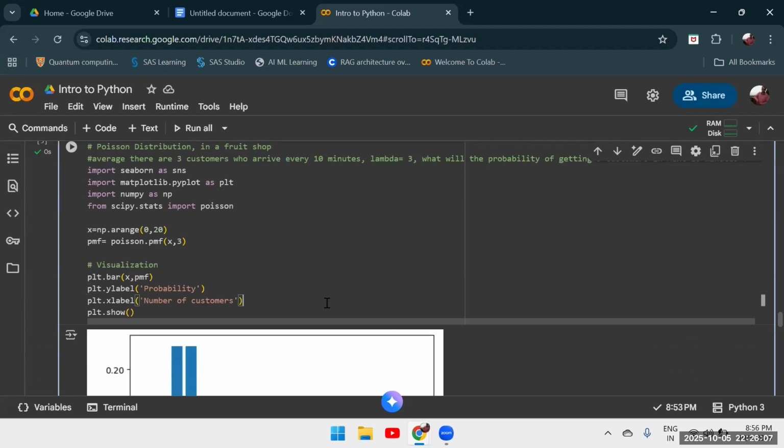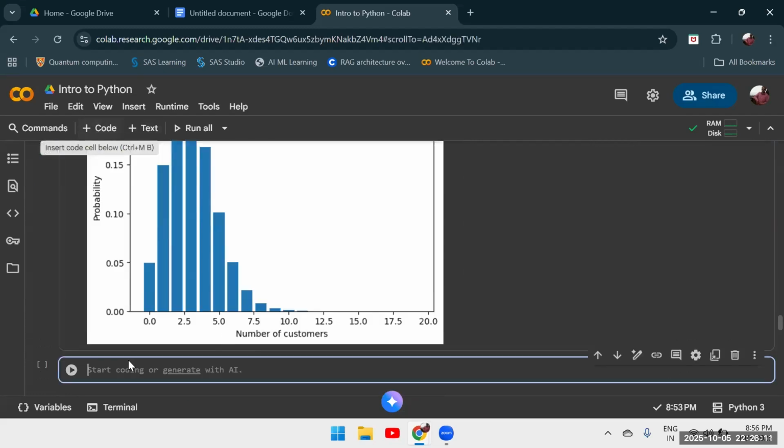So I'm repeating my question, or maybe I'll type the question in the row below. The call center is receiving 10 calls per hour.